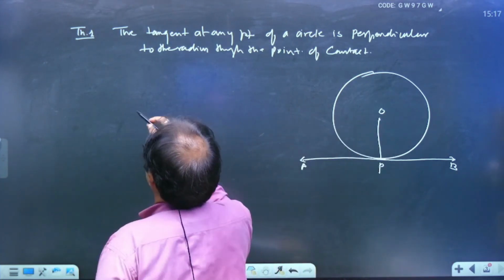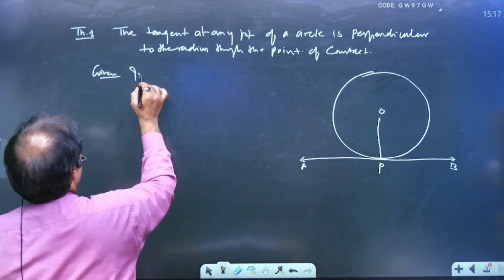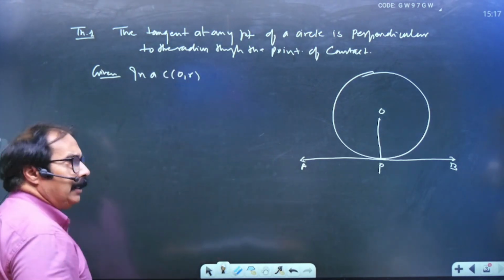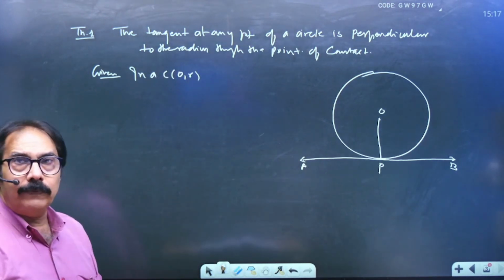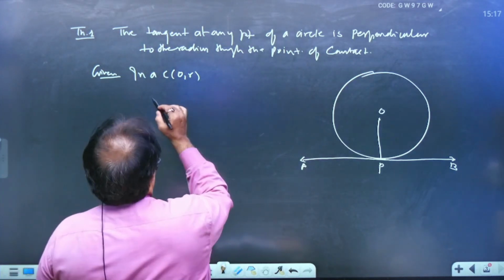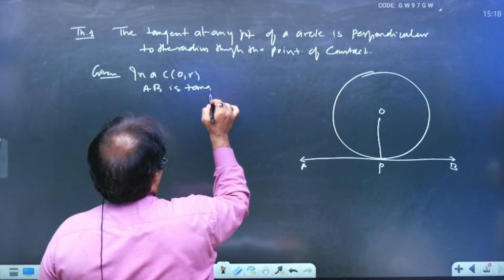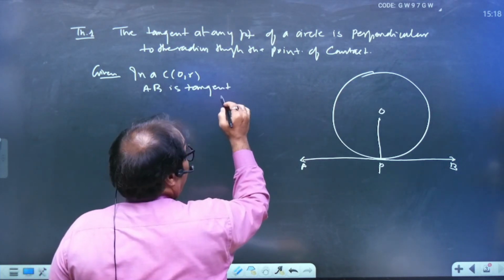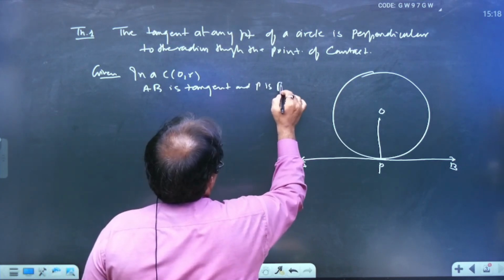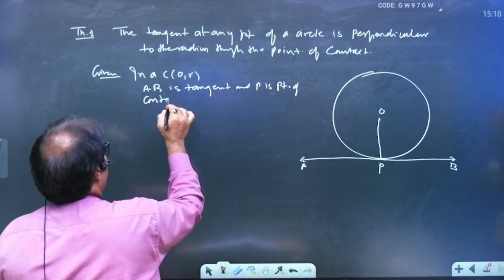So first we will write given. What is given? In a circle with center O and radius R, AB is a tangent and P is the point of contact.